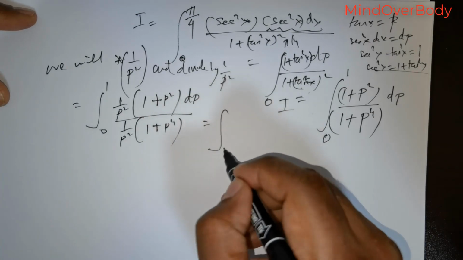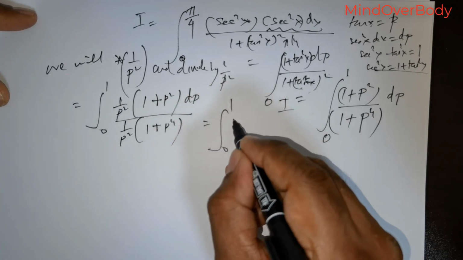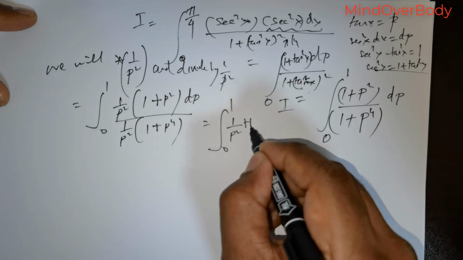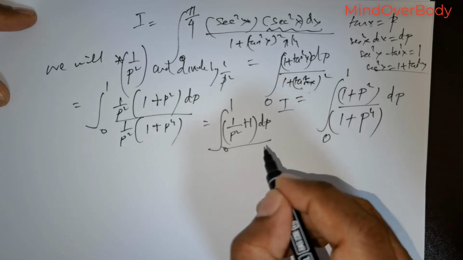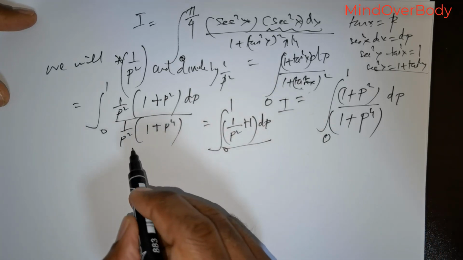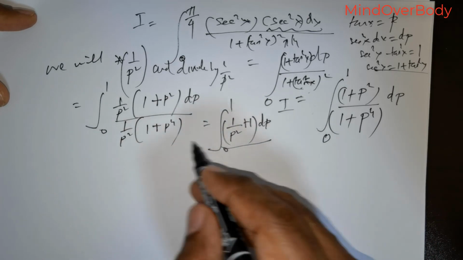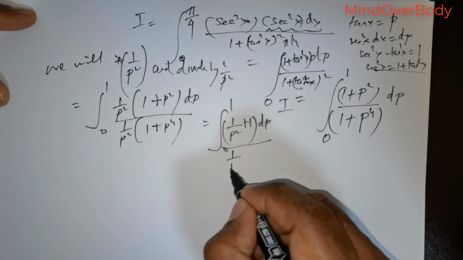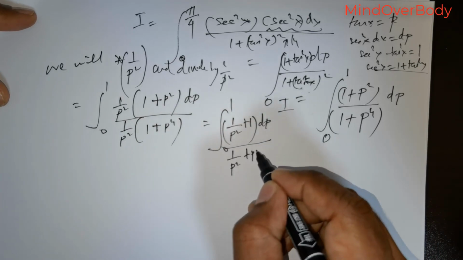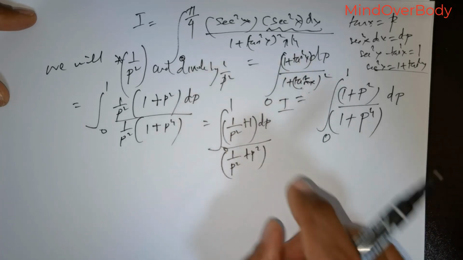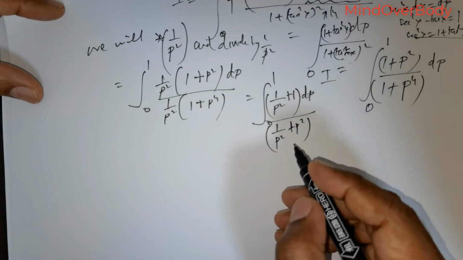This can be rewritten as the integral from 0 to 1 of (1 over p squared plus 1) dp divided by (1 over p squared plus p squared). So this is easily integrable.